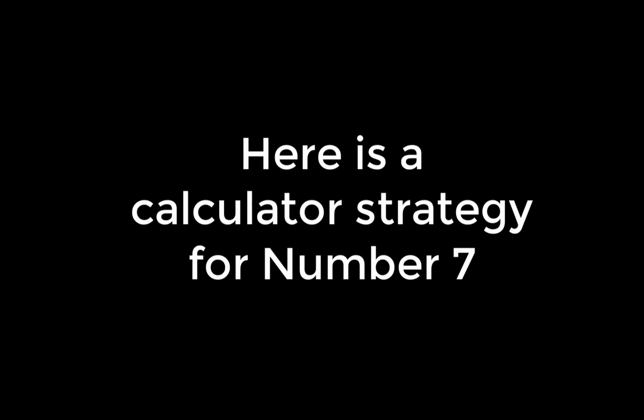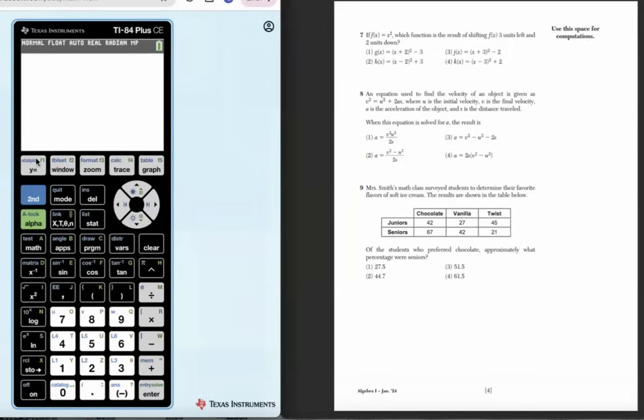Let's continue. We're going to use the y equals function yet again to solve this problem. So we will start with x squared as our parent function, and then we can test out each of the answer choices. We'll start with x plus 2, square that, and then subtract 3. Now let's take a look at the graph.